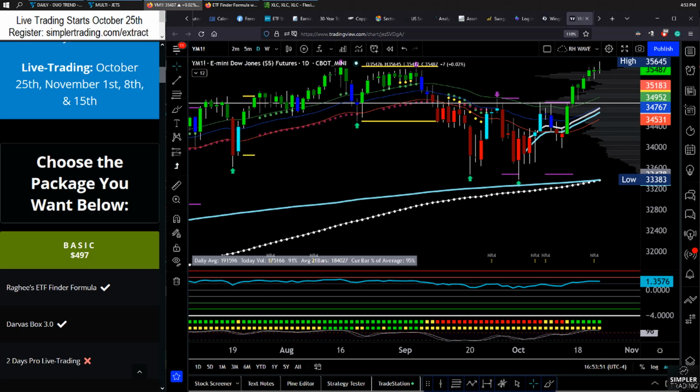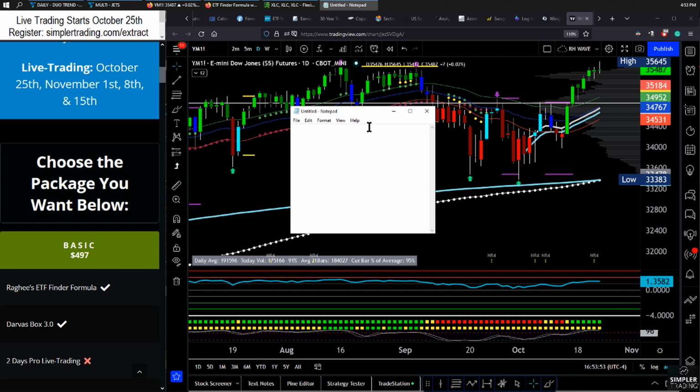Remember, there's really only at any time three things a market can do. What are the three movements a market can make at a particular level? It could accelerate through the level. It could stall at the level. And then from that stall, it could reverse.